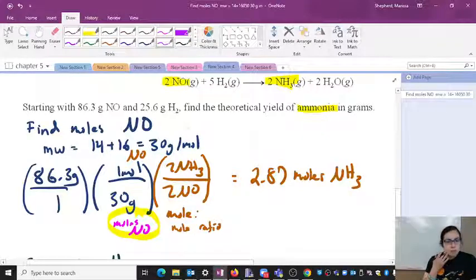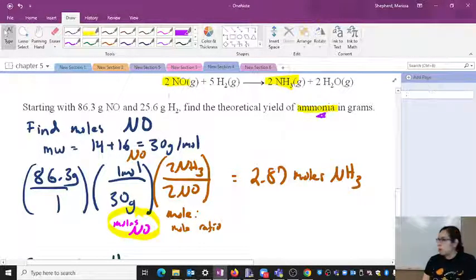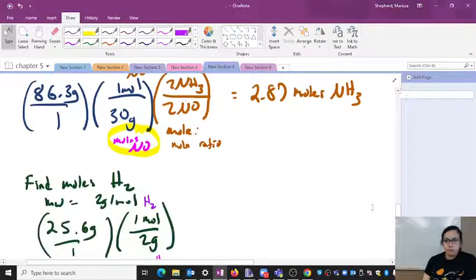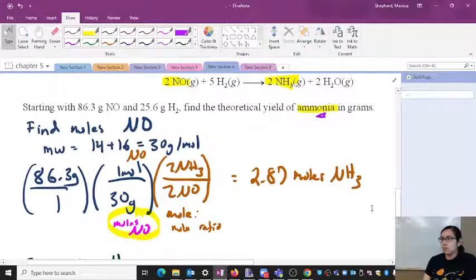Water's not a part of that at all. But we're still focusing on ammonia, because we still don't know how much ammonia we produce based off of these 2 reagents. So we're still trying to find the limiting reagent. So would we do the H2 with the NH3? Yeah, so then we're looking at that one.